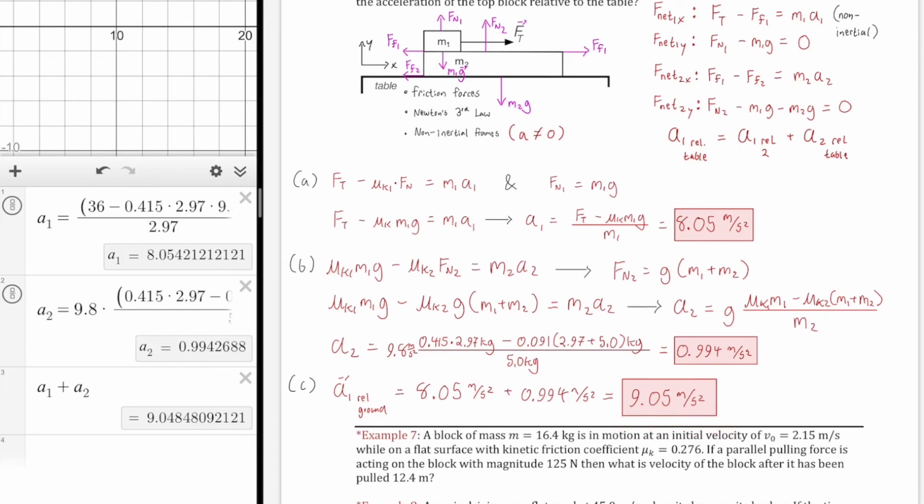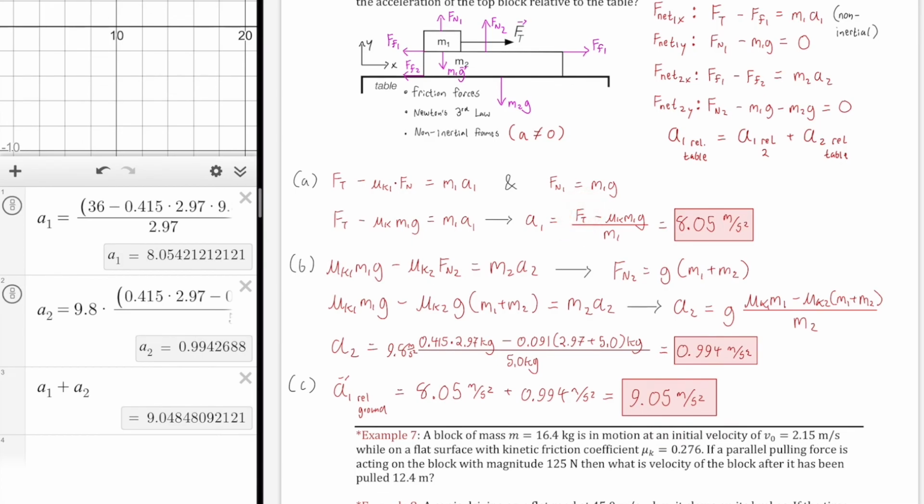So when you look at that value, that's how fast it's actually moving relative to the ground. Well, this is interesting, because you ask what force is necessary to create that acceleration? It'd be a bigger force than the actual external force, the tension force acting on it.